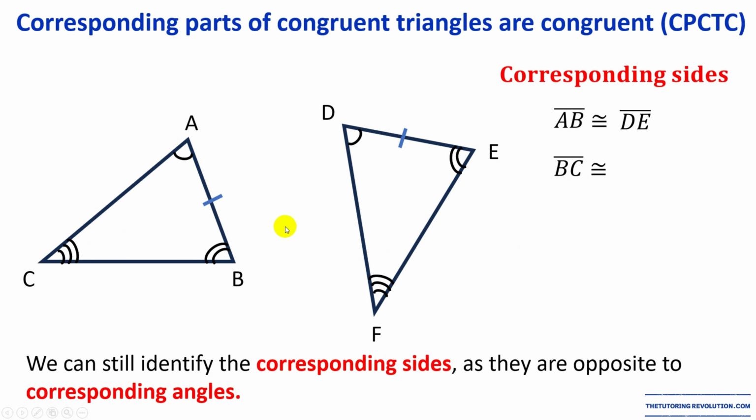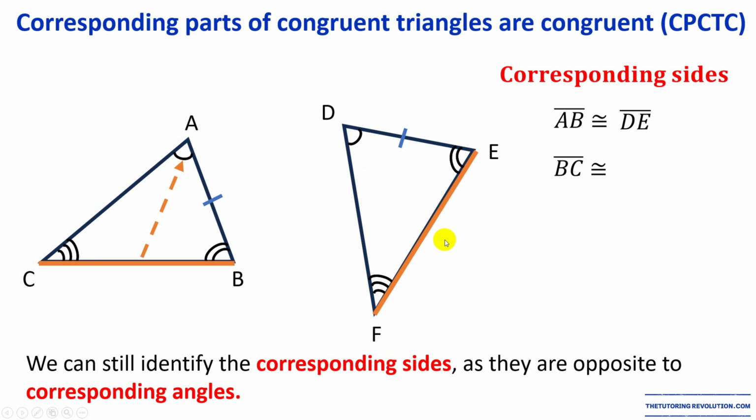Side BC, which is this side here, is opposite to the angle with one arc mark in this triangle. So in the other triangle, the side that is opposite to the angle with one arc mark would be EF.